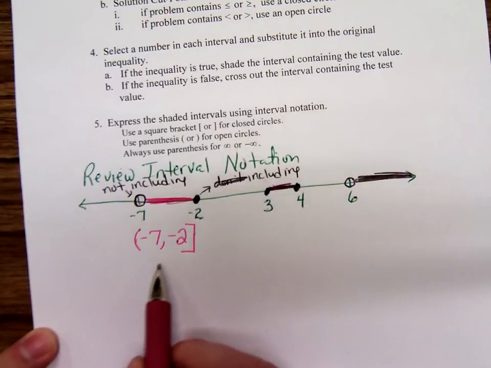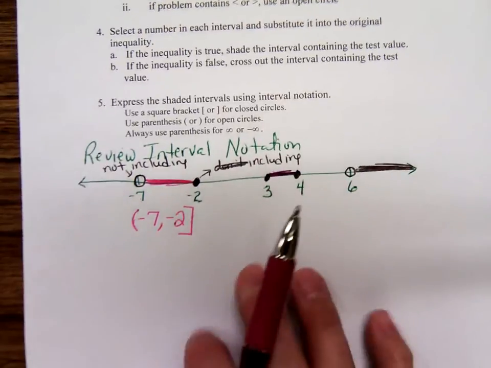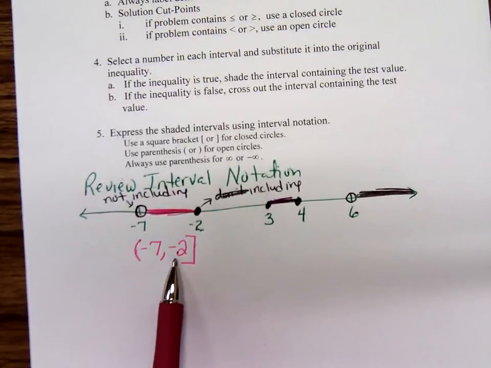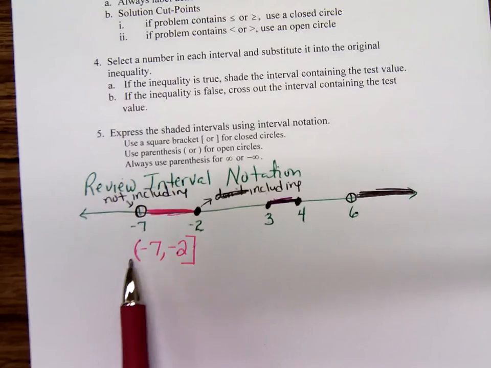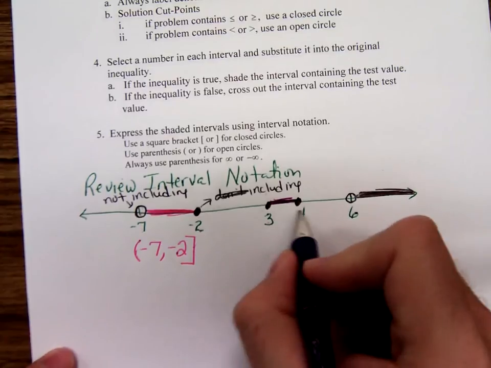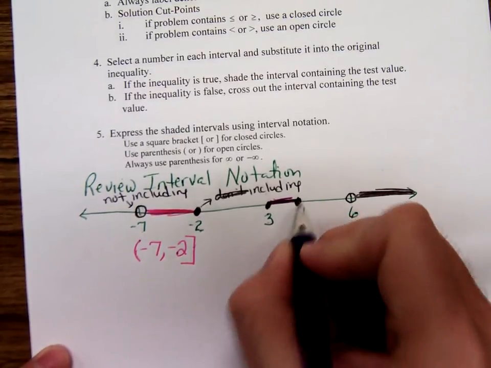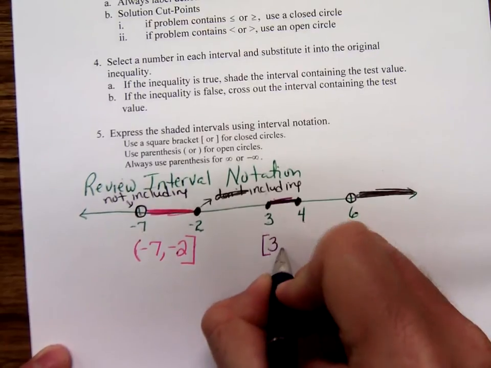This notation means all numbers between negative 7 and negative 2, not including negative 7, but including negative 2. Somewhere in your life you've seen this interval notation before. Then the purple interval, all numbers between 3 and 4, including 3 and including 4, you'd write like that.